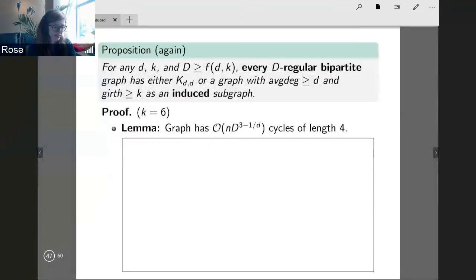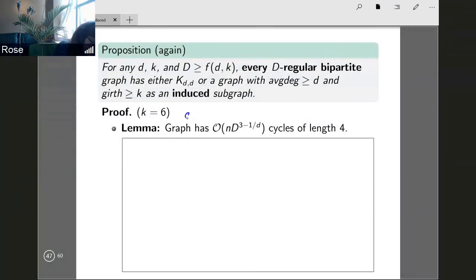I want to go through the proof just for the case k equals 6, because it's a bit more illustrative, but the same exact proof works for general k. So that means we're trying to get rid of the 4-cycles in the graph.